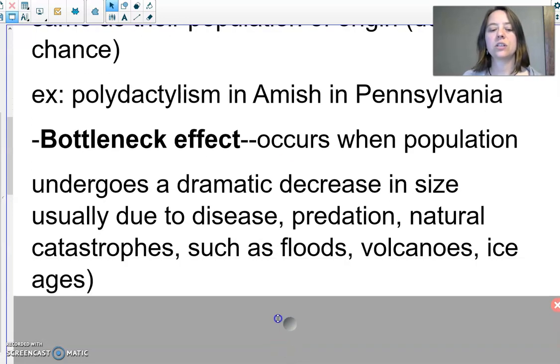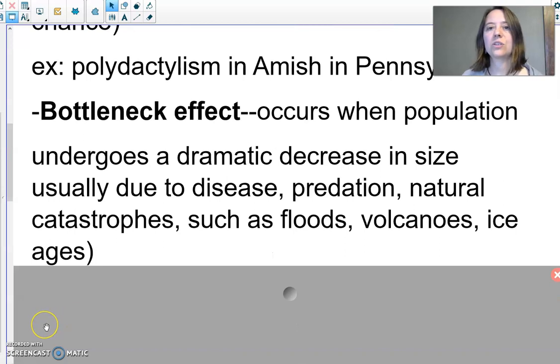This occurs when the population undergoes a dramatic decrease in size, usually due to disease, predation, or natural catastrophes such as flood, volcanoes, and ice ages. So let's say we went from 1,000 individuals down to 10 individuals, and so the gene frequency of the 1,000 individuals is going to be different than in the 10 individuals, but it's just because of chance.